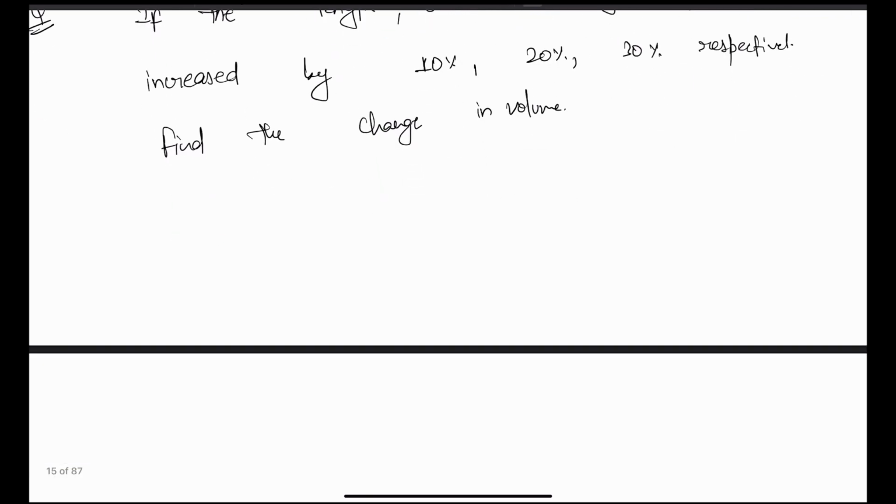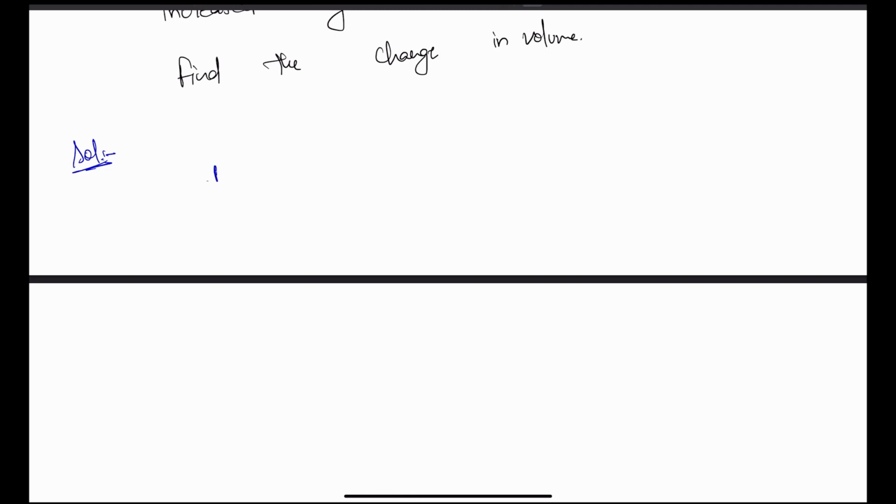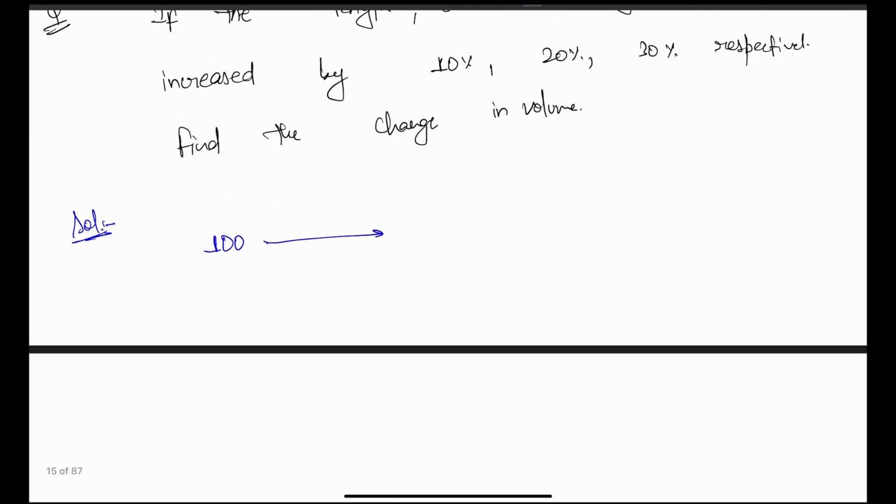So in this question, we should not worry. I can approach this question in many ways. The first one is, if the volume is 100 and we start from 100 and first increase by 10%, it will be 110. One more thing, it's always better to increase from more to less, then it's easy to solve. So 30% of 100 is 30, then it will be 130.